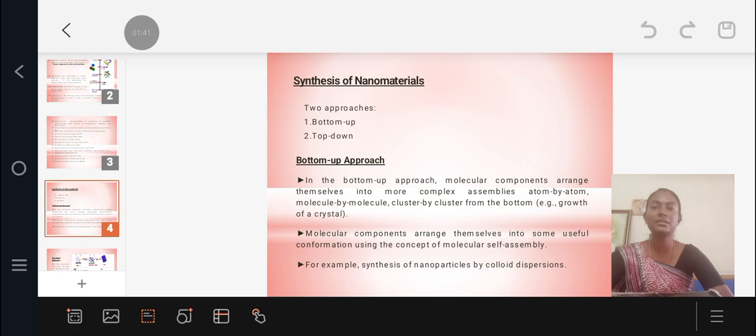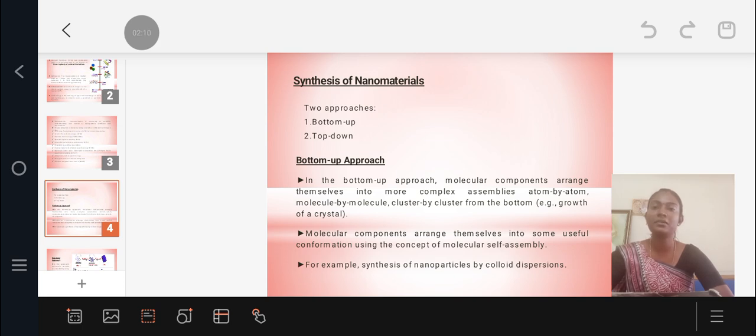Next is synthesis of nanomaterials. It is done using two methods. First is the bottom-up method, second is the top-down method. First, the bottom-up approach. In the bottom-up approach, molecular components arrange themselves into more complex assemblies, atom by atom, molecule by molecule, cluster by cluster from the bottom.